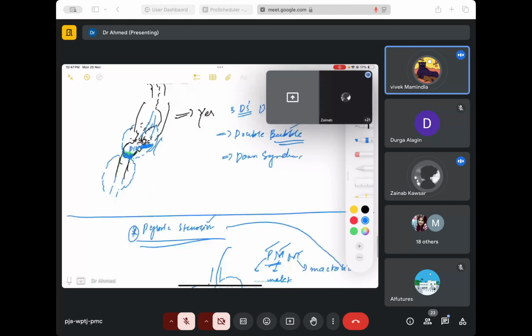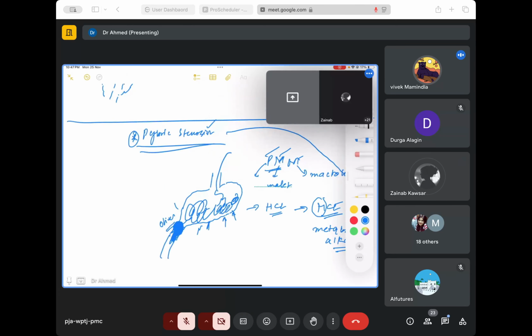Can you just give us an overview on pyloric stenosis so that we can move forward? In pyloric stenosis, the pylorus of the stomach hypertrophies, and the contents build up behind that obstruction, leading to projectile vomiting.